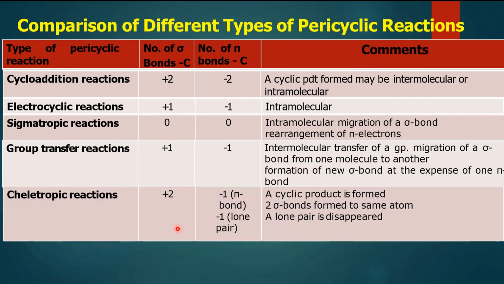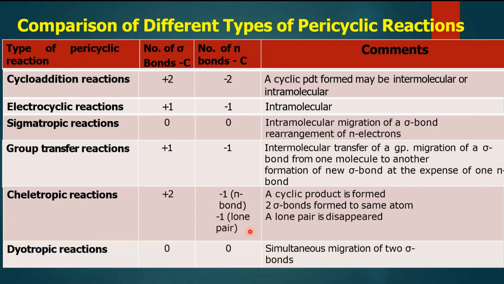In chelotropic reaction, two new sigma bonds are formed at the expense of one pi bond and one lone pair of electrons. In dyotropic reaction, like that of sigmatropic reaction, neither the sigma bonds nor the pi bonds have been utilized. Only the shift of the sigma bonds has occurred.